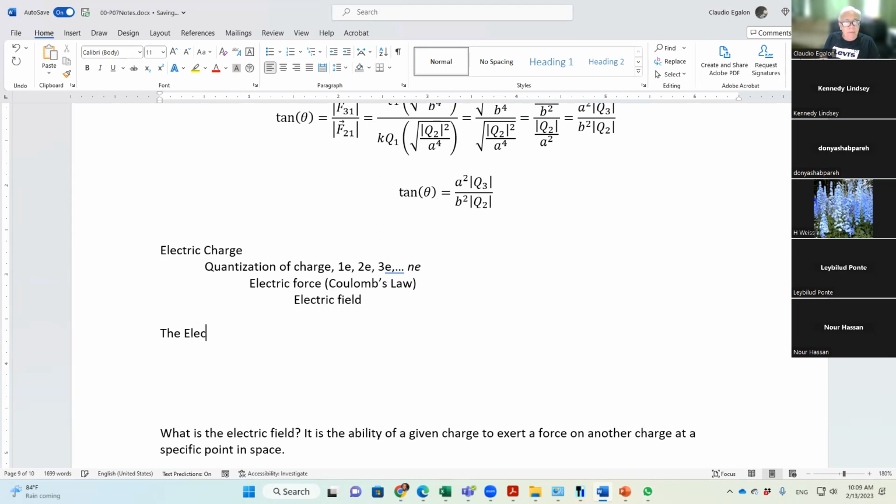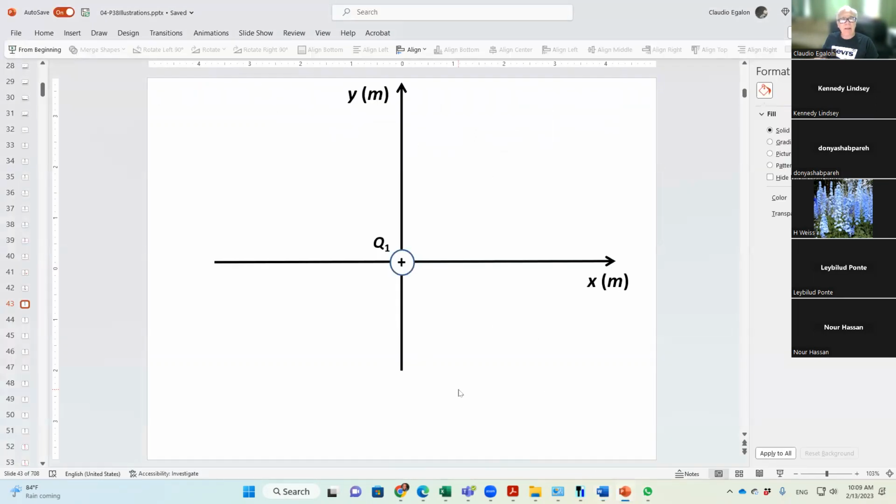The electric field is an invisible quantity related to the electric force. So in order for you to understand the electric field, you have to understand the electric force. So let me give you a qualitative idea of what the electric field is all about.